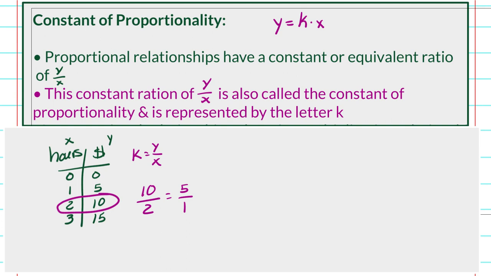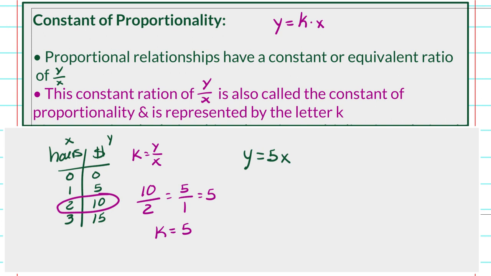Or, even simpler than that, 5 over 1 is just 5. So, on the example I just gave you, k equals 5. Now, if I want to write an equation with this, I would write y equals 5x.